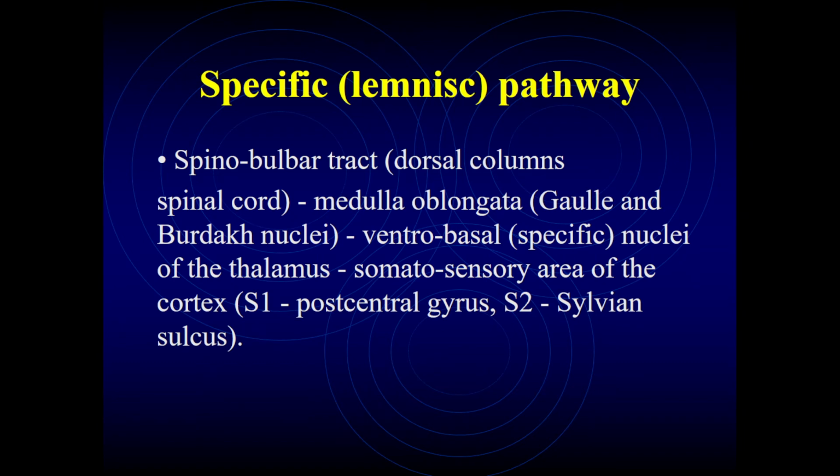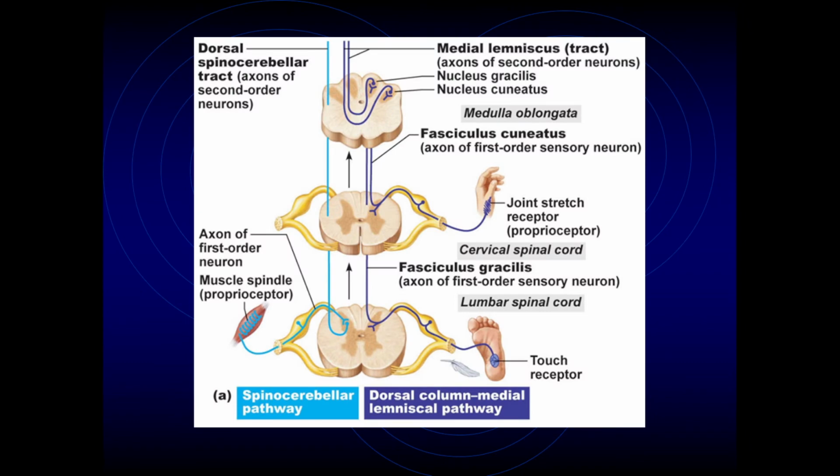The cortical part is characterized by topical organization. Here you can see pathways, fasciculus gracilis and fasciculus cuneatus, and nucleus gracilis and nucleus cuneatus, corresponding to Goll and Burdach.